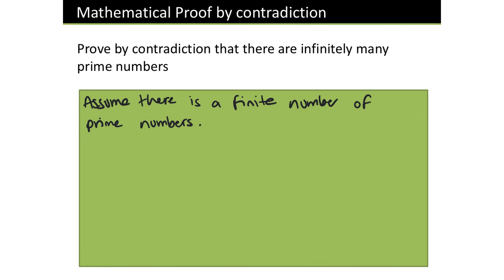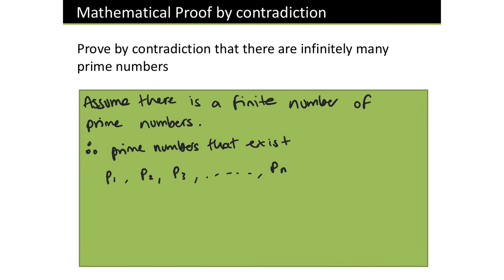That means that we could actually write a list of all the prime numbers that exist. So, therefore, the prime numbers that exist are P1, P2, P3, all the way up to Pn.